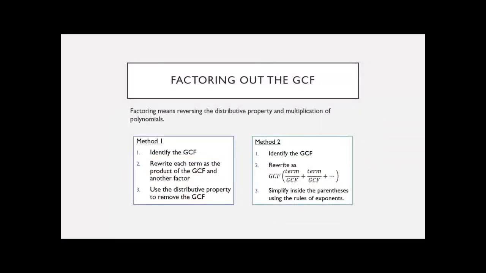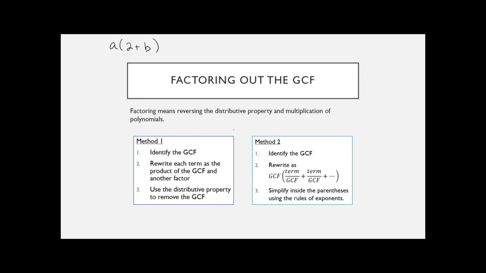So the steps for factoring, there are basically two different methods. Factoring, this is a new direction that you need to learn. Factoring means undoing the multiplication process or undoing the distributive property. Let's say I'm distributing something like this.